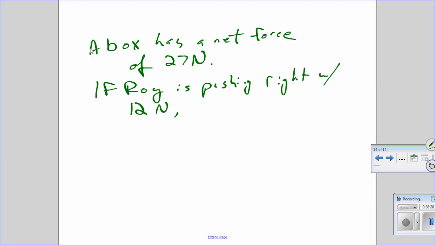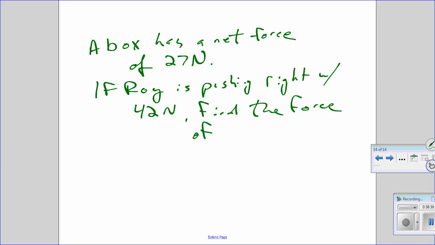In other words, I told you guys, if you know all the forces, you can find the net force, right?